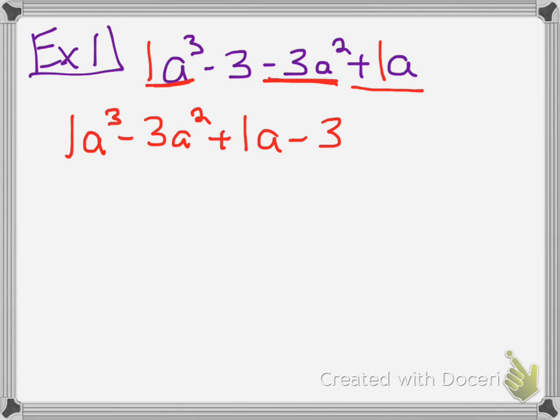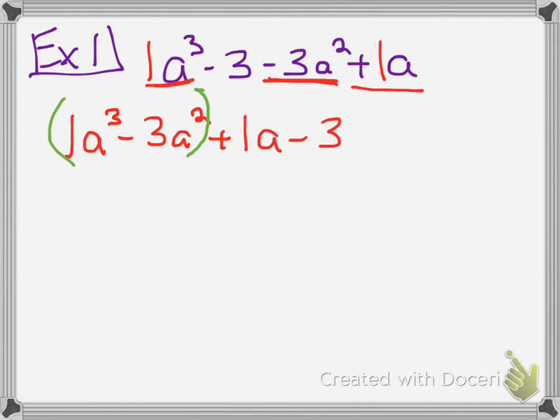Now I can factor by grouping. And you've got to be careful with this next step. I put 2 sets of parentheses. Let's just start right here. I want to factor something out of my first 2 terms.